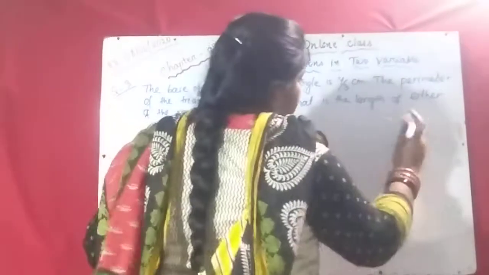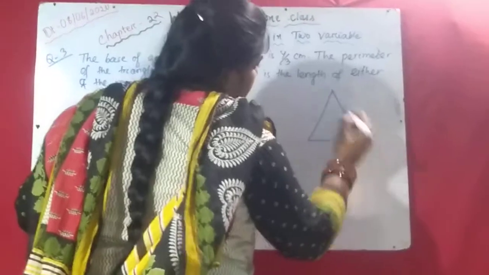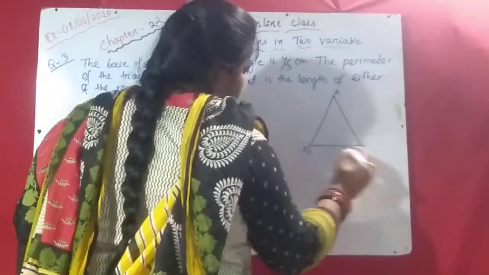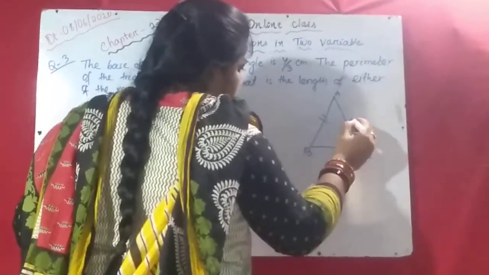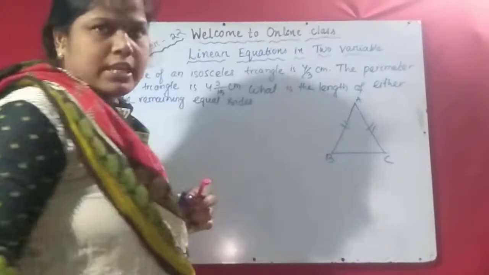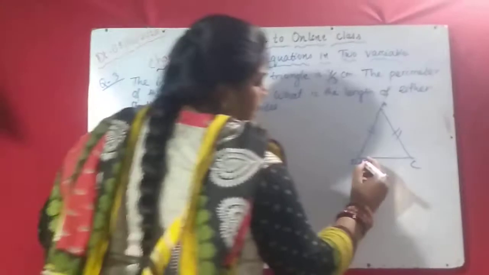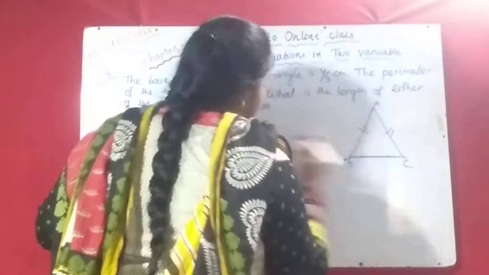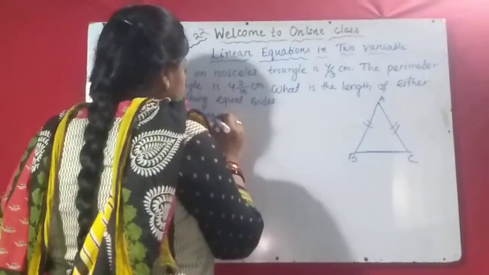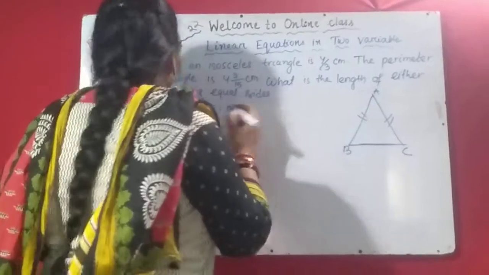Suppose this is an isosceles triangle ABC, AB is equal to AC. Here the base is BC.